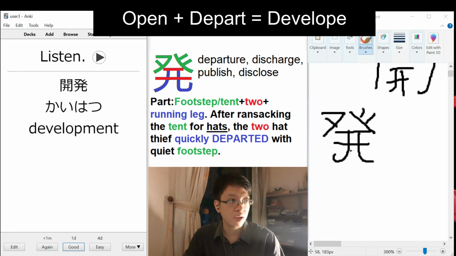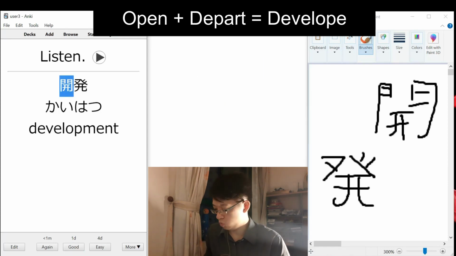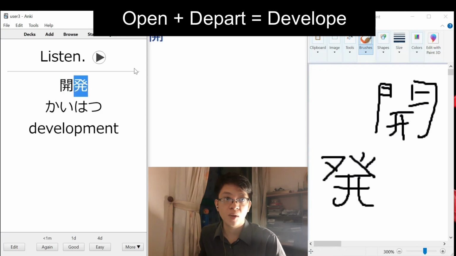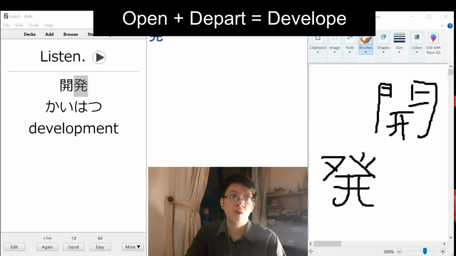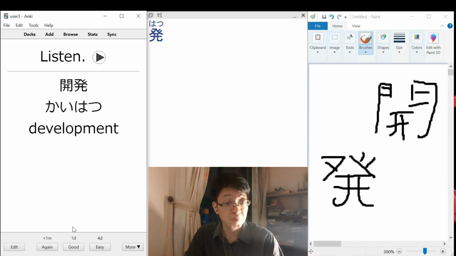Yeah, so we have this one meaning to develop, this one to open, to unlock, this one to depart, to like unlock a new way that is departed from the old way, and that means to develop.